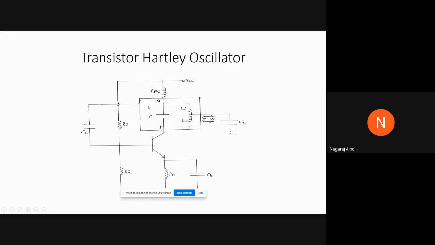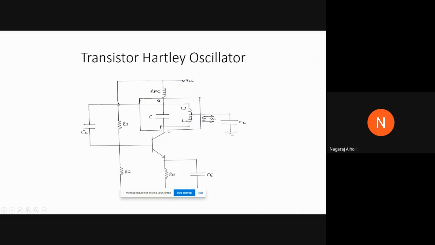The tank circuit produces a phase shift of 180 degrees, and hence the overall phase shift of the transistor Hartley oscillator is 360 degrees. The R1, R2 and RE resistors decide the operating point, or they provide the operating point in the active region.